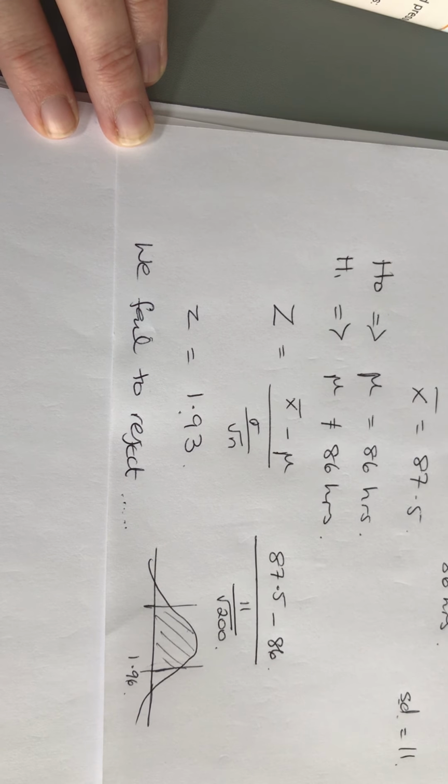You just have to, in your conclusion, be very clear about the claim, the null hypothesis, the type of maths you did. That's why you talk about your 95% level of confidence or your 5% level of significance, whichever way you want to say it. And then explain it in relation to the question.